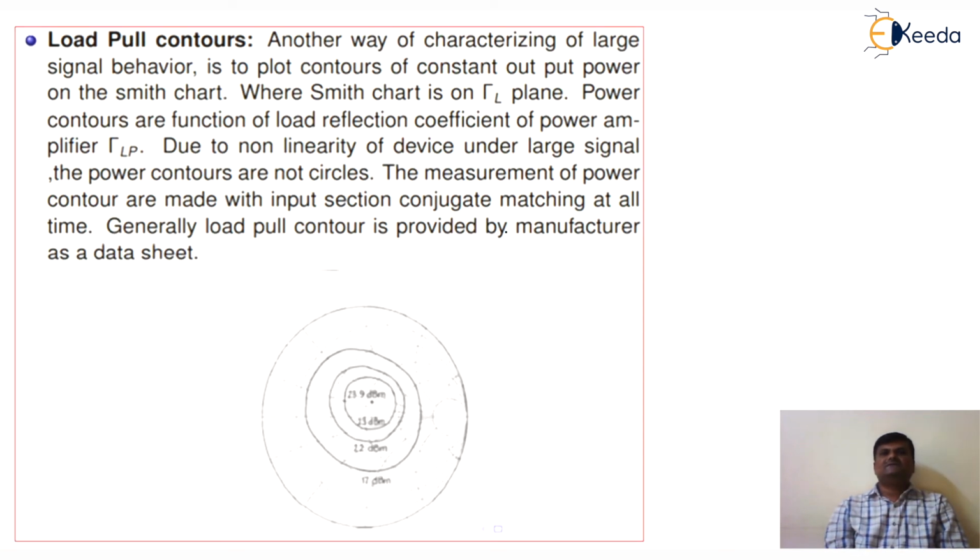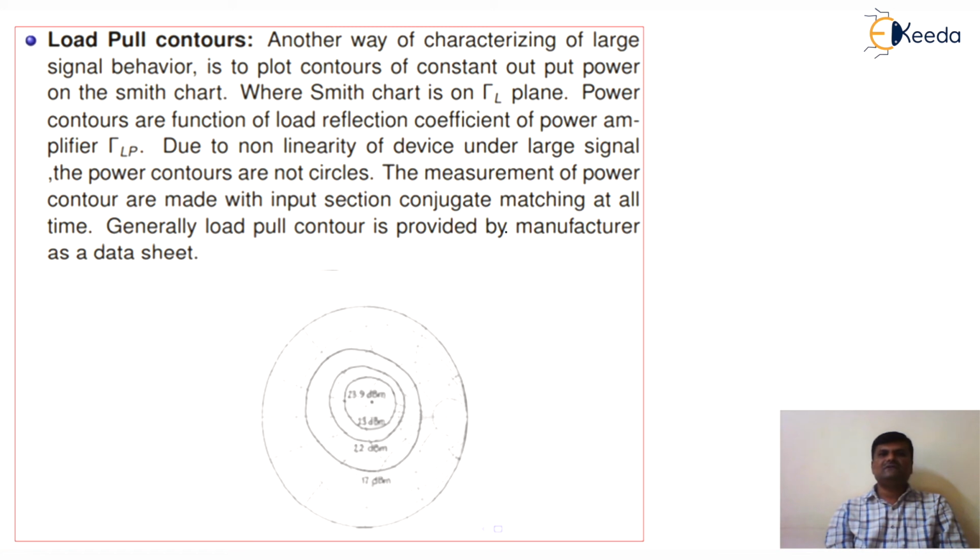Generally, small signals are characterized with the help of scattering parameters. But these scattering parameters are not suitable for large power signals. So large power signals are characterized using load pull contours.